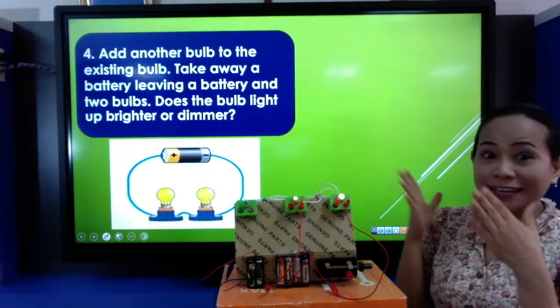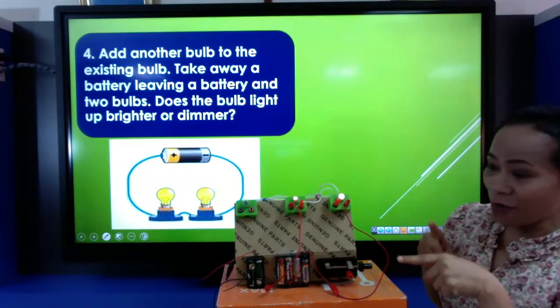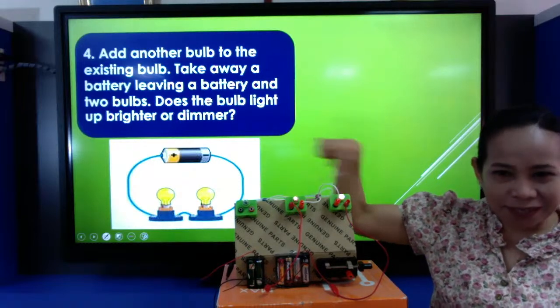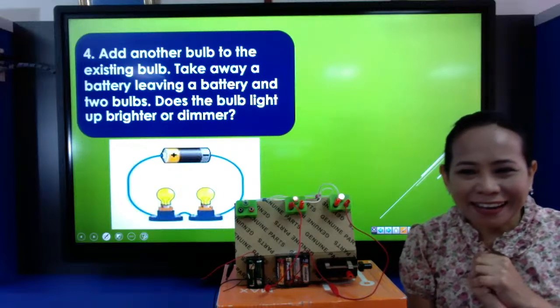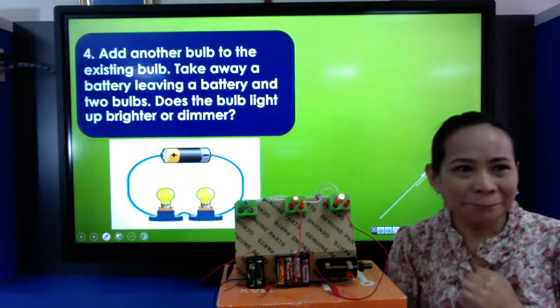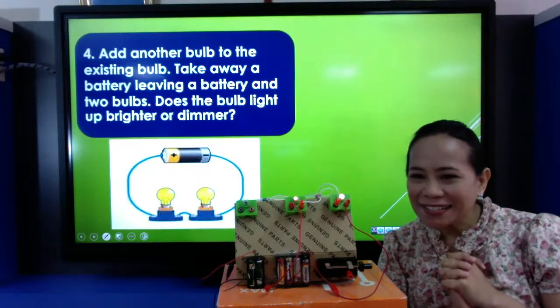So you see the difference in the brightness of the bulb, right? Then now, 4 batteries, 2 bulbs. So what do you observe about the brightness of the bulb? Let me see your answer.